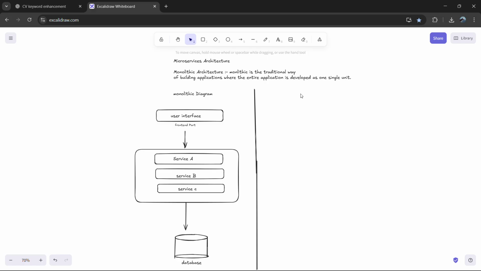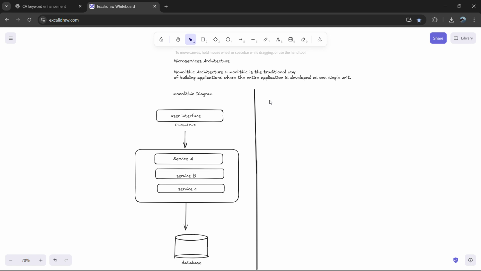Microservices solve this issue by breaking the application into small independent services, and they can be developed, deployed, and scaled separately. Each service has its own database, and can use different technologies. That's why modern companies moved from monolithic to microservices for better scalability, maintainability, and agility.